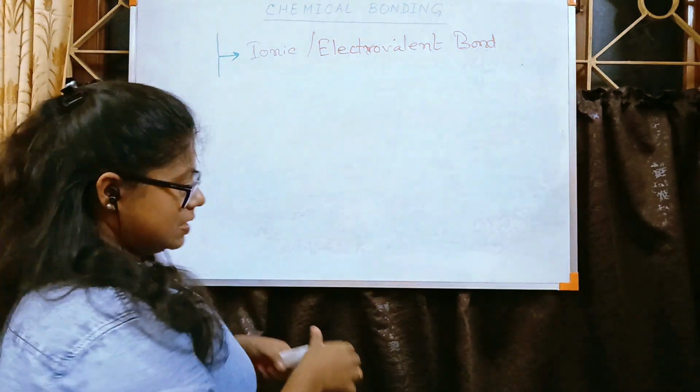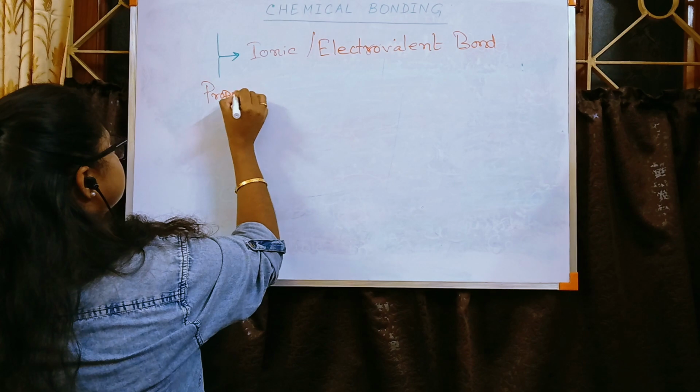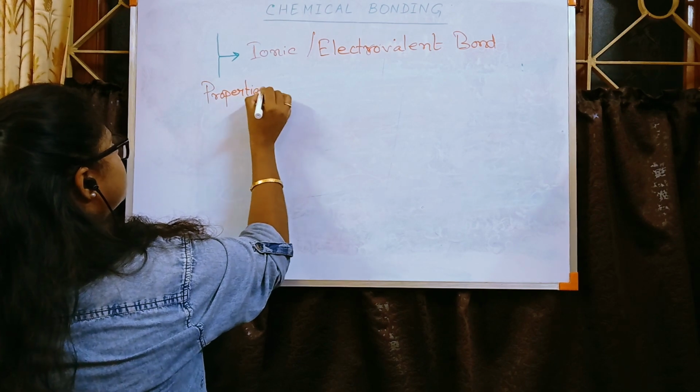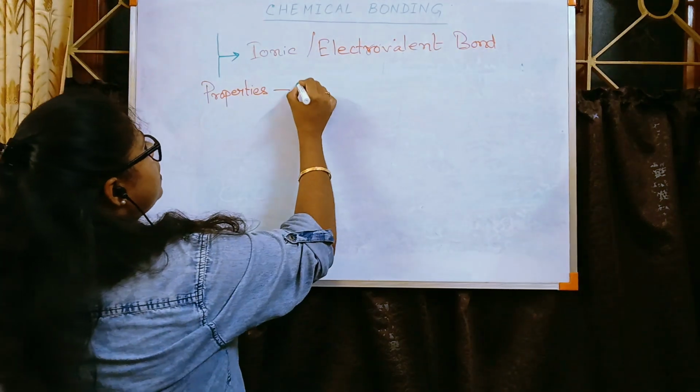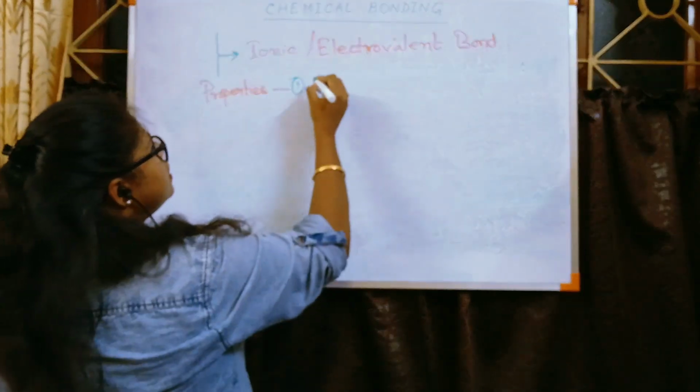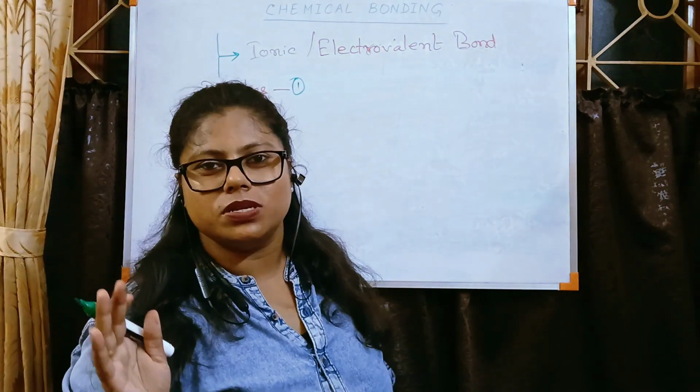Now we will discuss the properties. Properties of ionic compound. So the first property which we are going to consider is the one which will explain the rest of the properties.